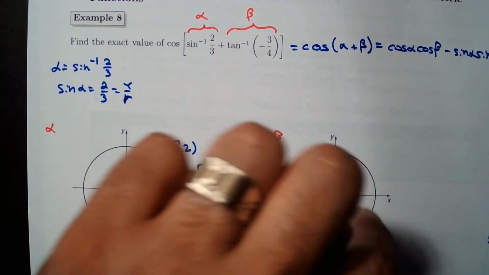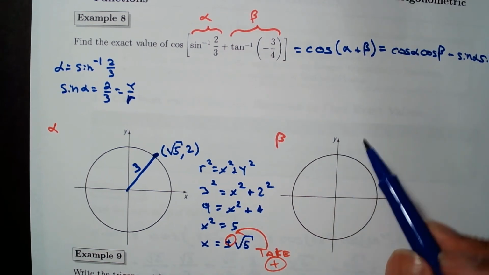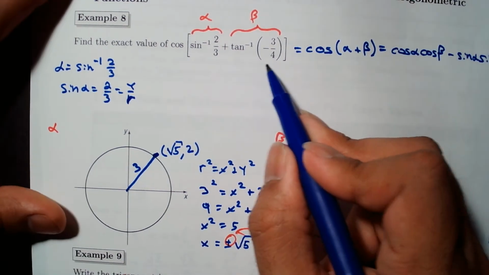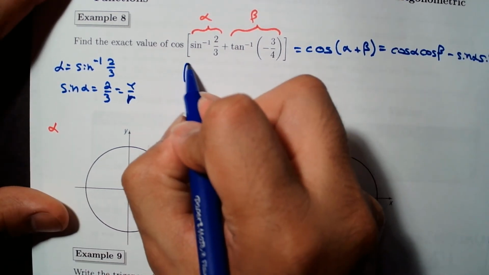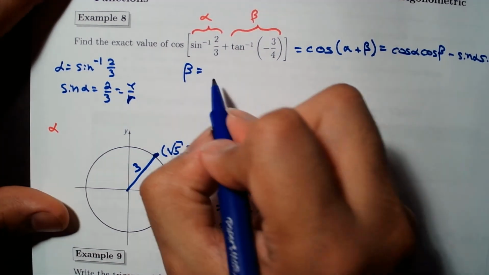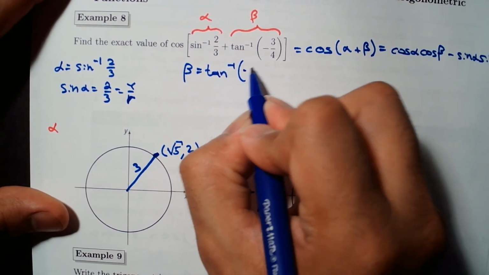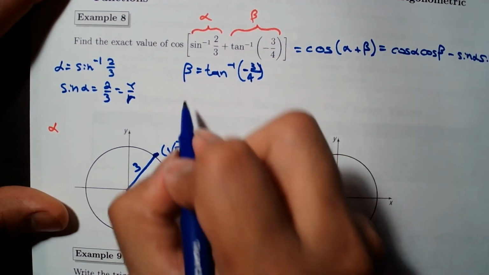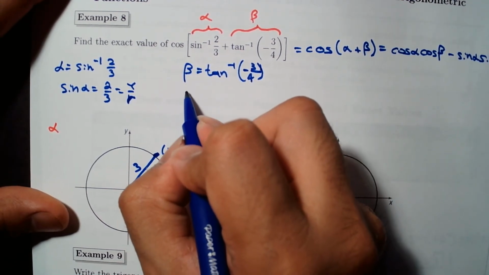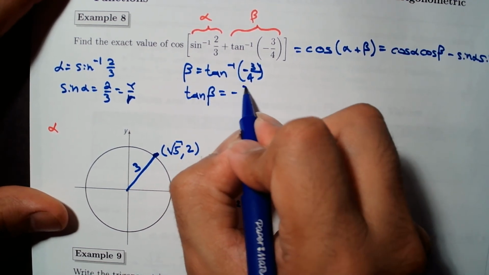That is in the first and the fourth quadrant, right? So for these 3/4 right here, for beta, I'm going to write it down here. Beta equals tangent inverse of negative 3/4. So that means that tangent beta equals negative 3/4.